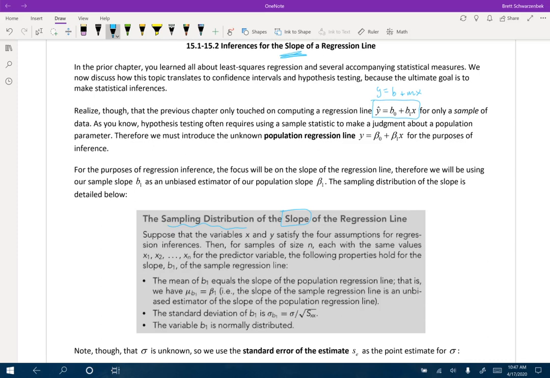But as you know, when it comes to inference, for example a hypothesis test, the goal is to use the sample to make a judgment about the population. In order to do that, we need variables for the population. So as a stand-in, we talk about the population regression line, and it looks very similar, except we replace the b's with betas.